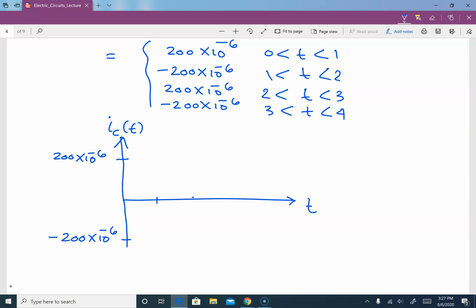This is 1, this is 2, this is 3, and this is 4. So between 0 and 1, that was 200, which is this.